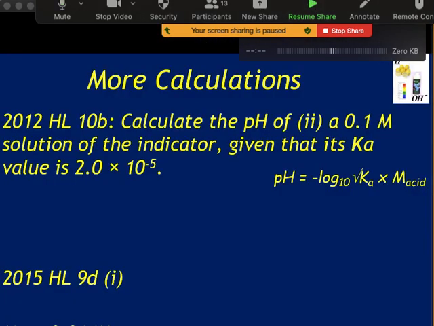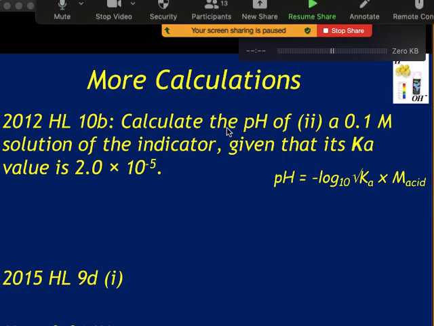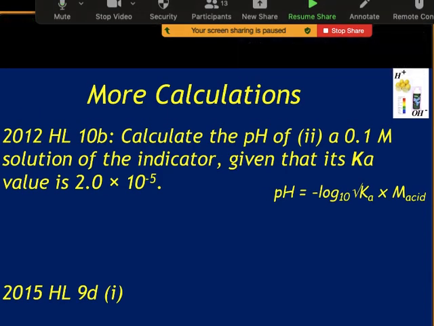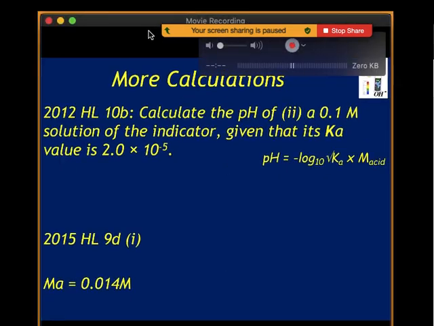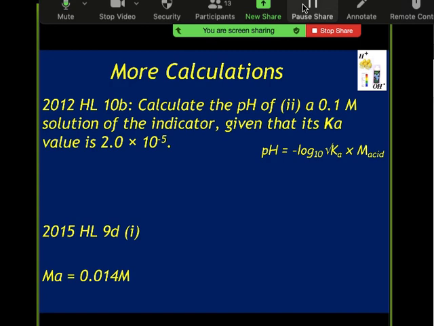Okay, so you have room for the 2016 10A part 2, and you are also going to have a 2012 10B, a 2015 9D part I, and there is also 2016 10A part 2.